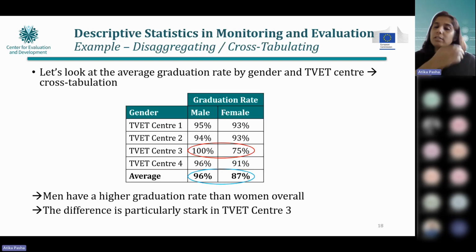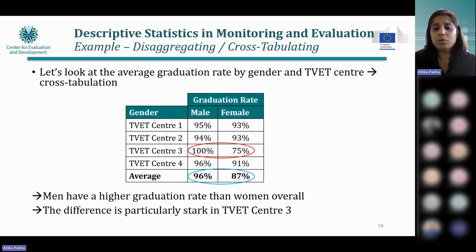Right, so just with these three to four variables, we've established whether at least three of the specific goals were met or not. Overall, we see that 2 of the 3 goals were met. However, when looking at TVET Center level, none of the specific goals were met, as you can see.